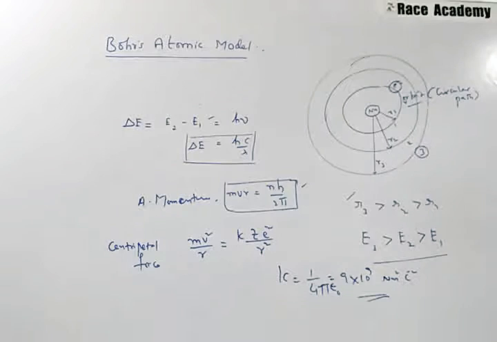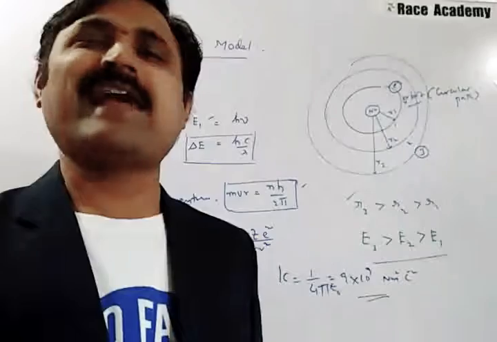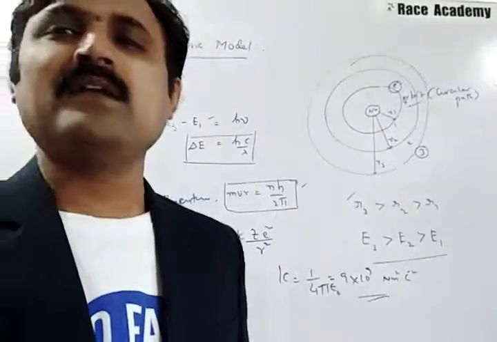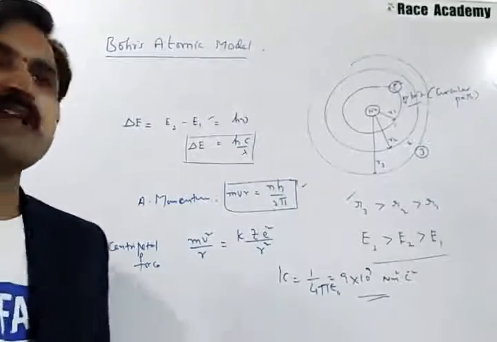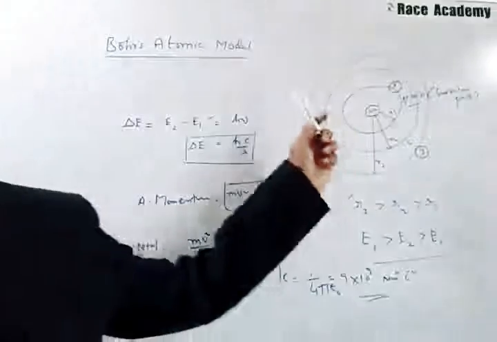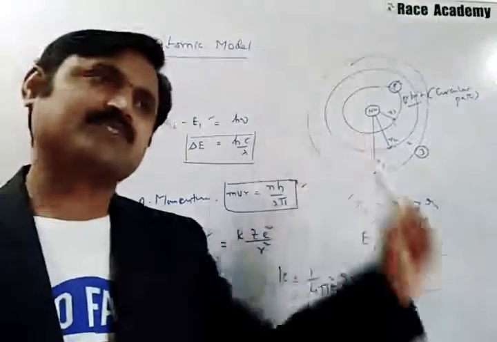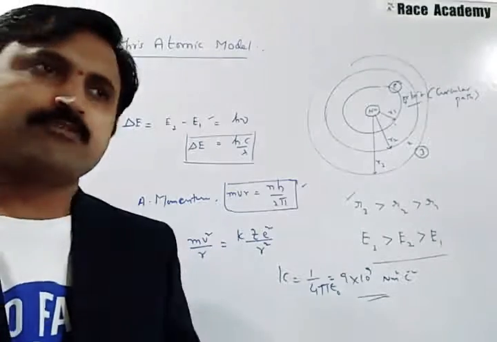Later on, Bohr explained hydrogen-like species and their related mathematical information. So this is Bohr's atomic model. Once again, let us repeat the important postulates. Electrons revolve around the nucleus in circular paths called orbits, and each orbit has a particular amount of energy.